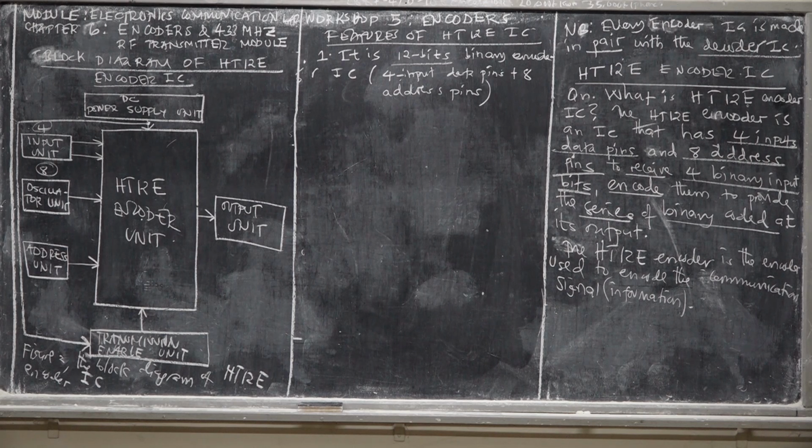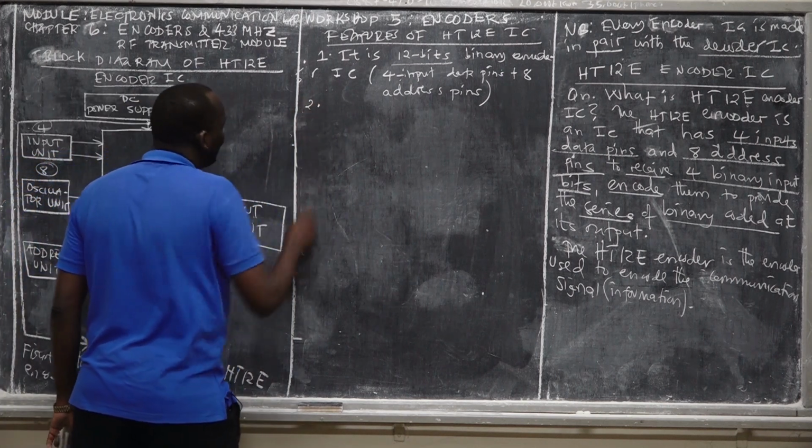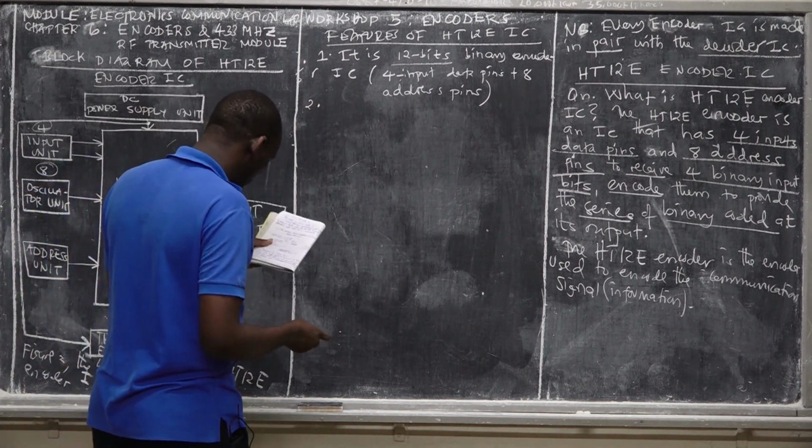Kankesha? 8 plus 4. Yes, 8 plus 4. 8 plus 4? 12. That's why I call it HT12E. 12 bits. Your mind is amazing.